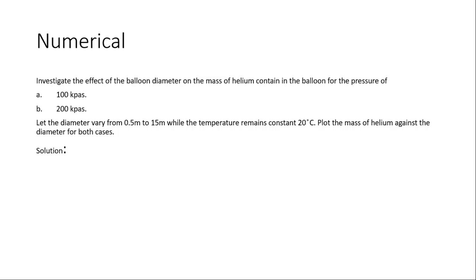So we will determine how much mass is required to develop the balloon of 0.5 diameter. And one more thing they have notified is that the temperature throughout the process remains constant. So in the final, what we have to do is plot the mass of helium against the diameter for both cases.